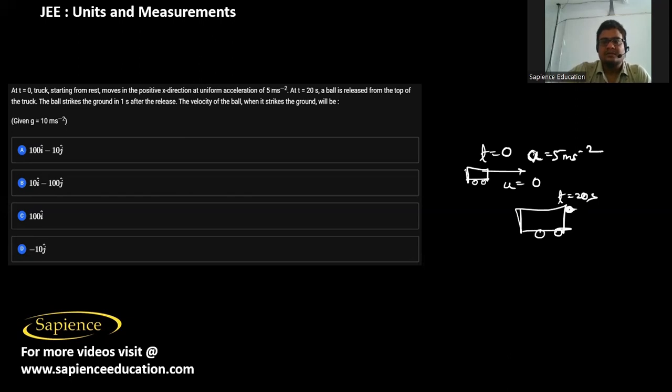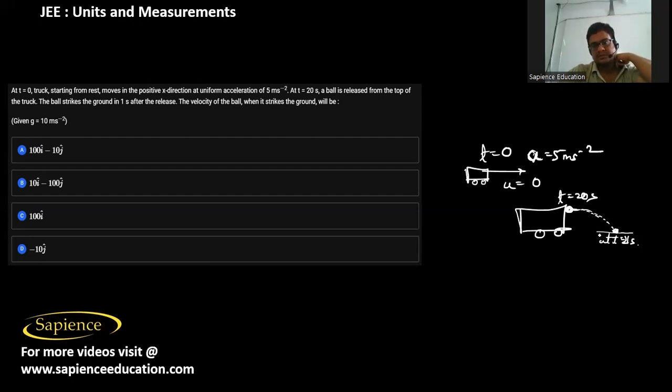So it will have some horizontal velocity. So it will move in a parabolic path and it will reach the ground after t is equal to 1 second. Means at t equal to 21 second it will reach.